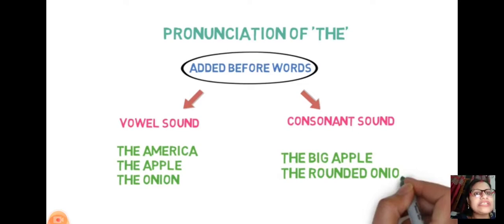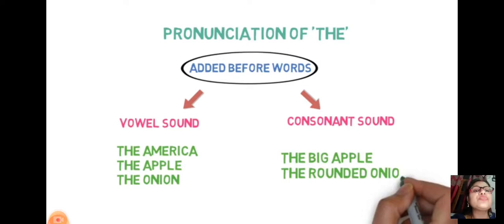Before words that begin with a vowel sound, for example America, apple, onion, you are supposed to pronounce the as 'thee'. We are not talking about how to write, we are talking about the pronunciation.